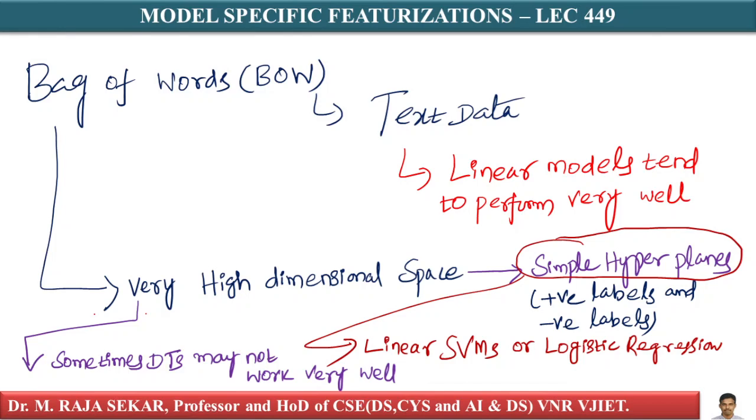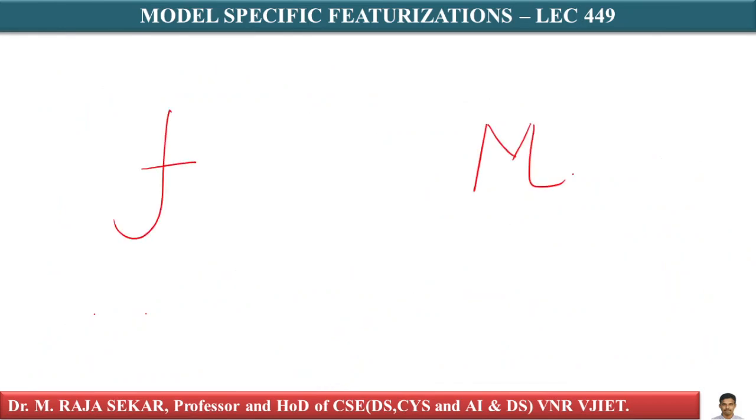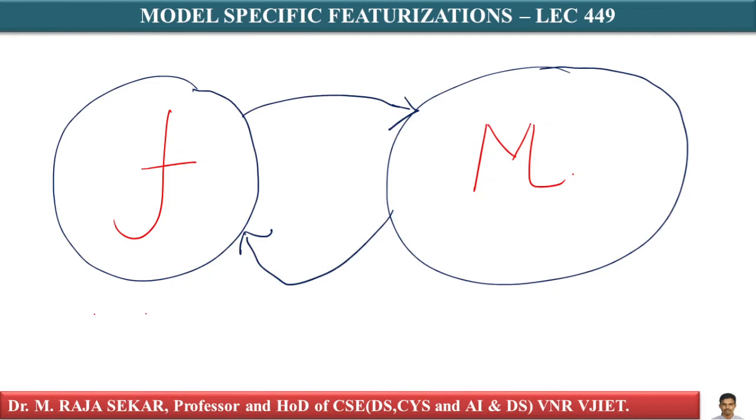If you have a model and a featurization, both of them are interrelated. F means featurization, M means model. Some featurizations work better for some models, and some models work better with some forms of featurization. So they are related, and we have to be careful about using the right featurizations for the right type of models.